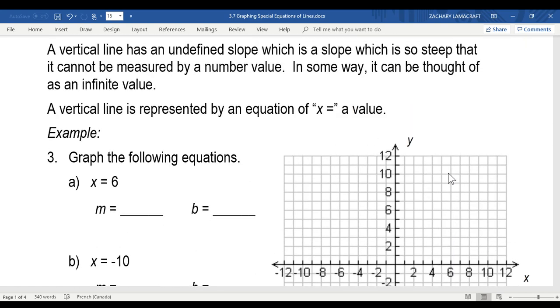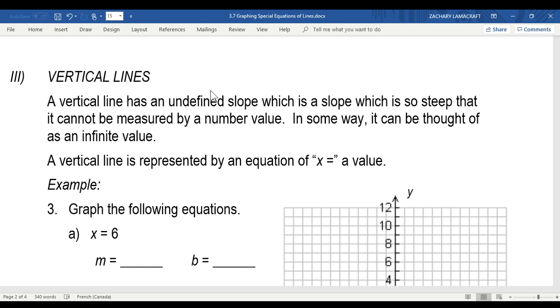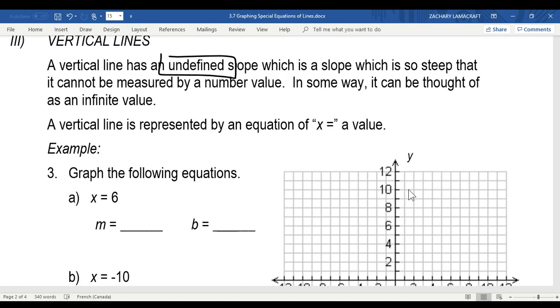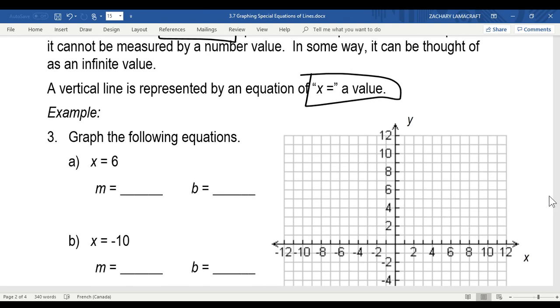Okay, our last thing is vertical line. So a vertical line has an undefined slope, like we talked about before. Undefined slope, in which the slope is too steep, it can't be measured by a number value. We can never tell. So in some way, it has an infinite value. So the vertical line, oddly enough, is represented by an x equals value. And that just shows you where we're starting on our x-axis. So in this case, if you see something that says x equals 6, our slope would be undefined.